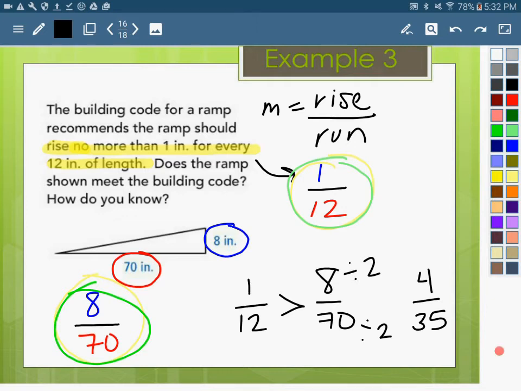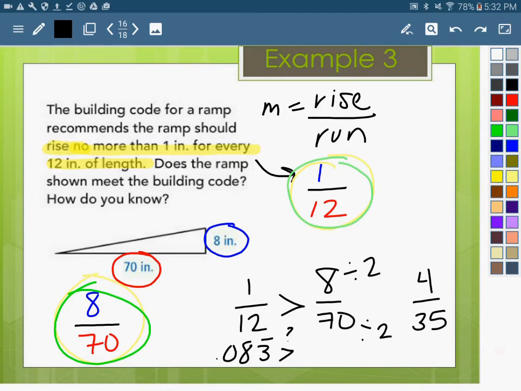So if I type in 1 divided by 12, I get 0.083 with the 3 repeating. I want to know, is that greater than, and I'm going to type in 8 divided by 70, or I can type in 4 divided by 35. It should give me the same answer.